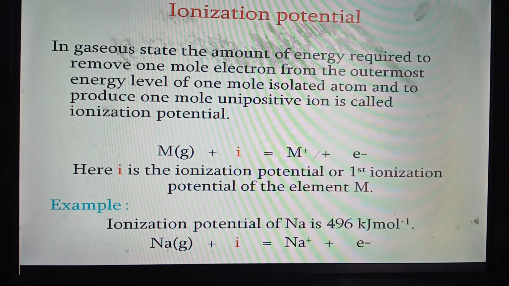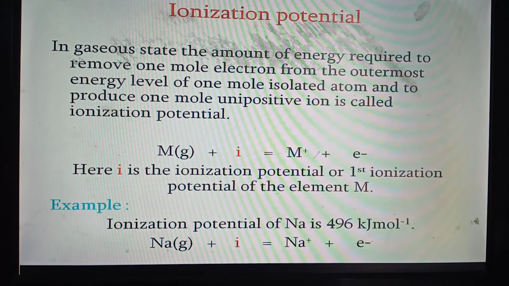Now our very important point, ionization potential. What is ionization potential? You all know, when an element loses electron, it becomes an ion and it becomes a cation. And for removing this electron, some energy is required.